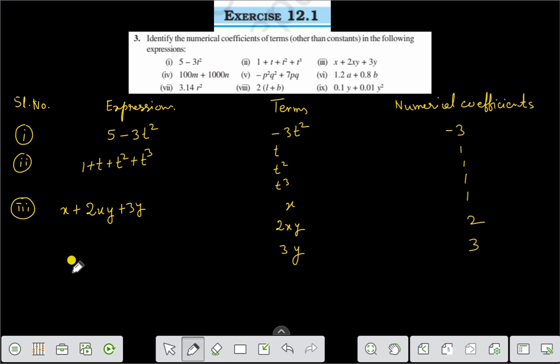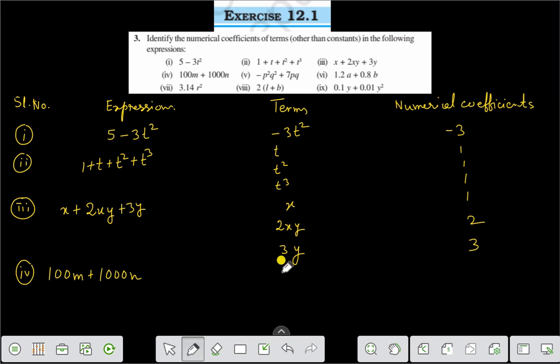Now question number 4. The expression is 100m plus 1000n.